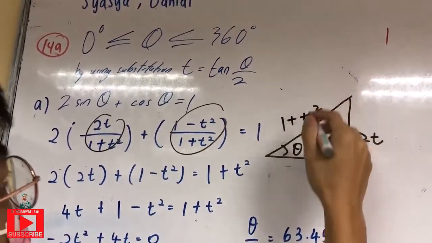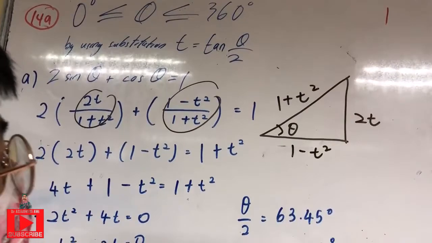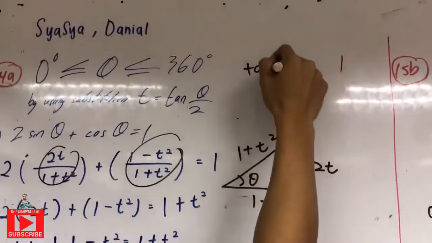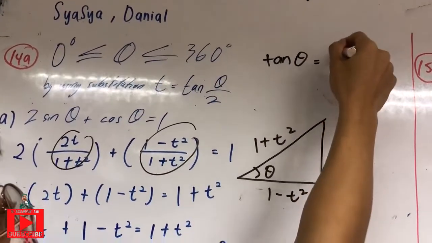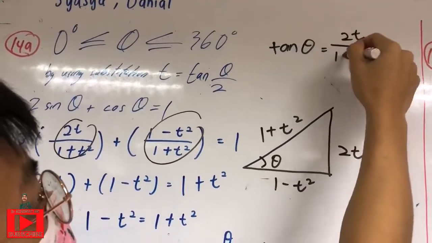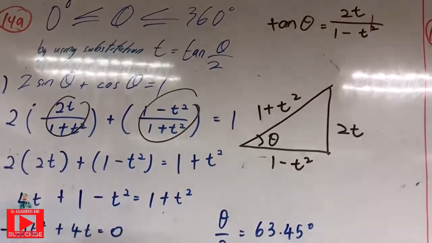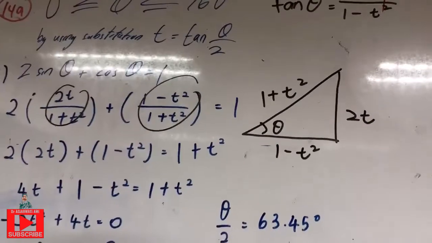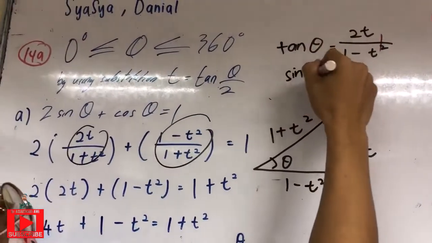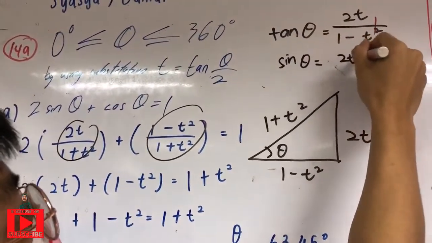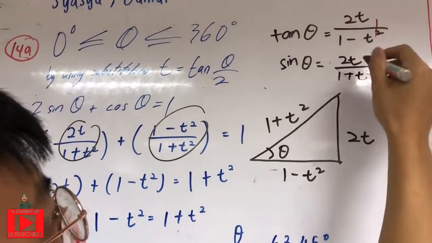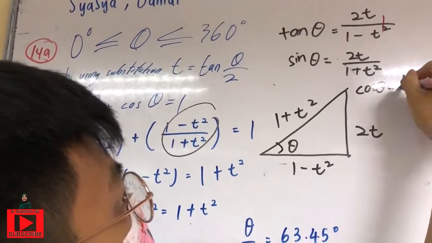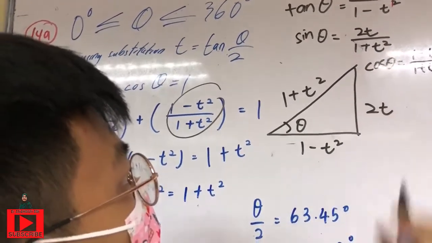You're supposed to starting tangent theta, right? So you have to write tangent theta. Theta. Double angle, right? Okay. So you need to write down sin theta, cos theta. Sama for all.